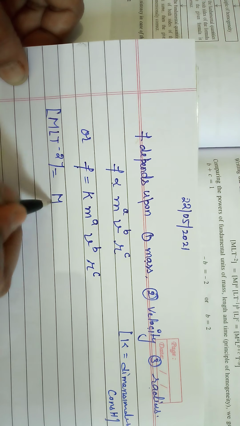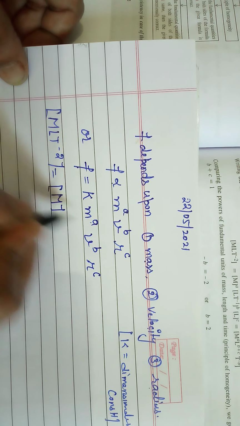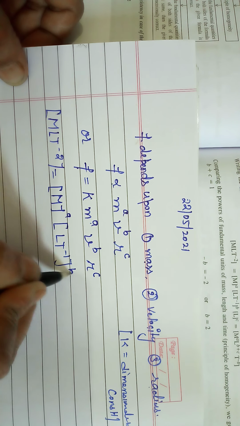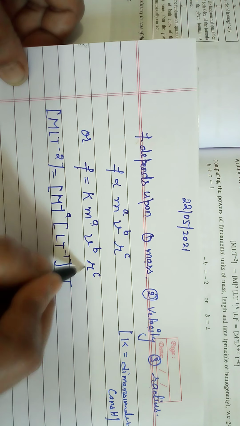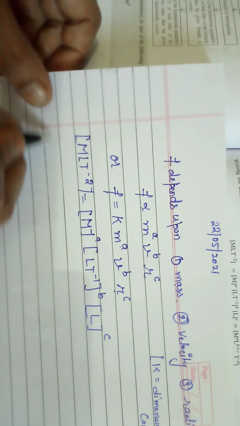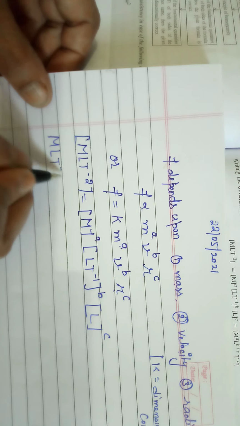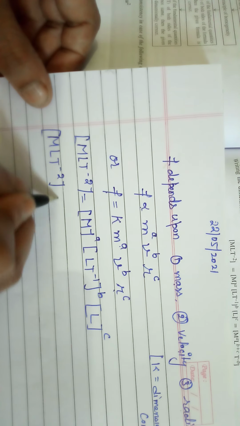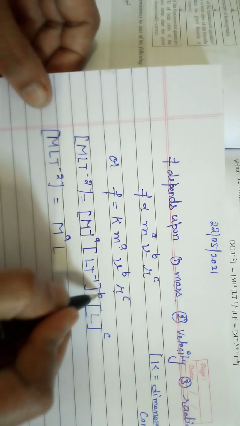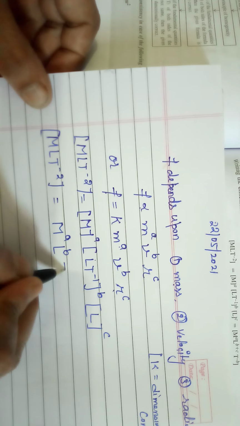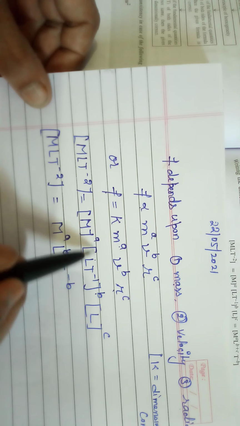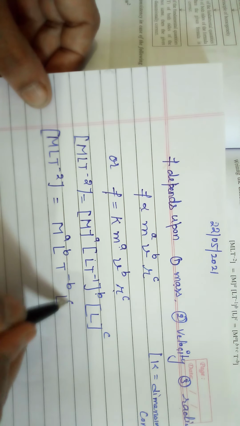Mass is M raised to the power a, velocity is LT to the power minus 1 raised to the power b, and r, radius, means distance, and that is L raised to the power c. Now students, MLT minus 2 is equal to M raised to the power a, L raised to the power b, T raised to the power minus b because b is outside the bracket, and L raised to the power c.